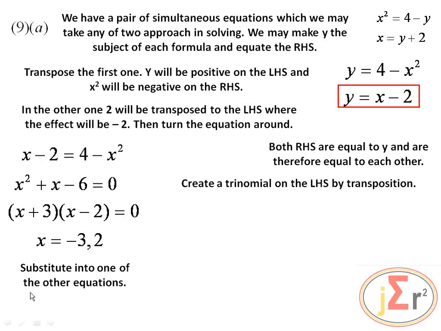In order to do that, we substitute the result into one of the other equations, and we have the one that we are substituting in highlighted right here. So x is equal to negative 3, so y is equal to negative 3 minus 2.